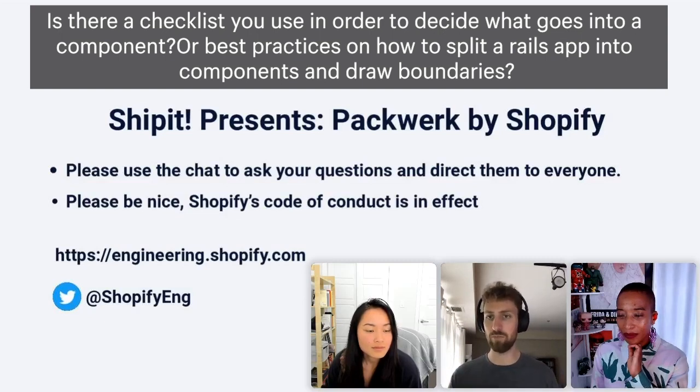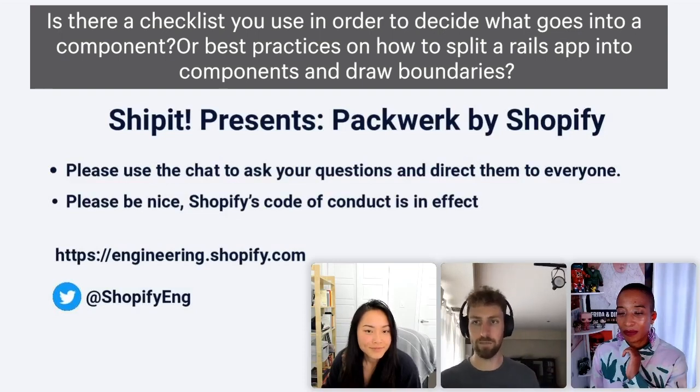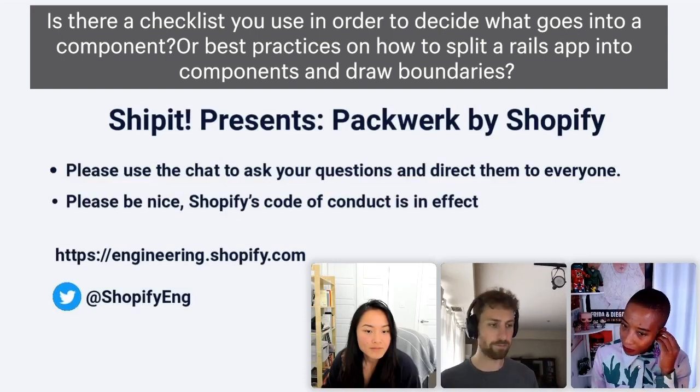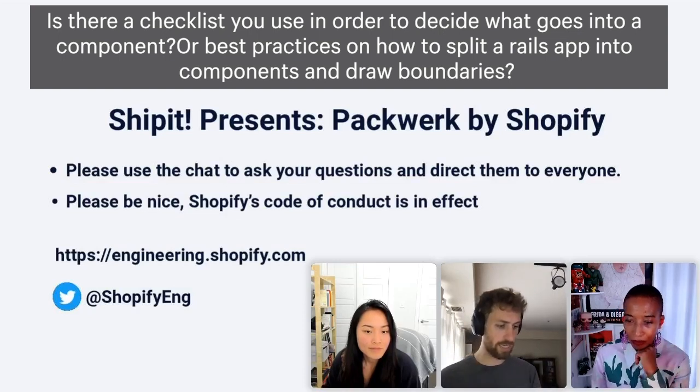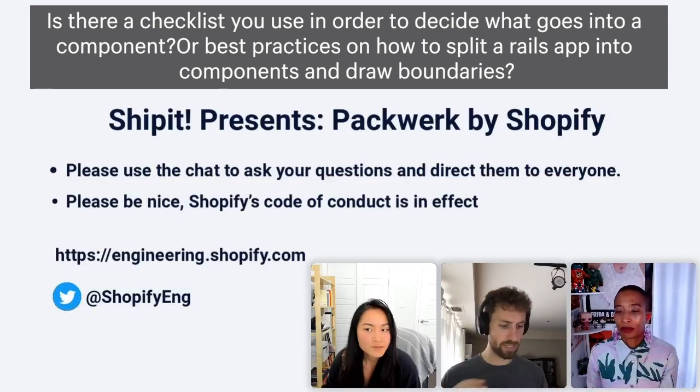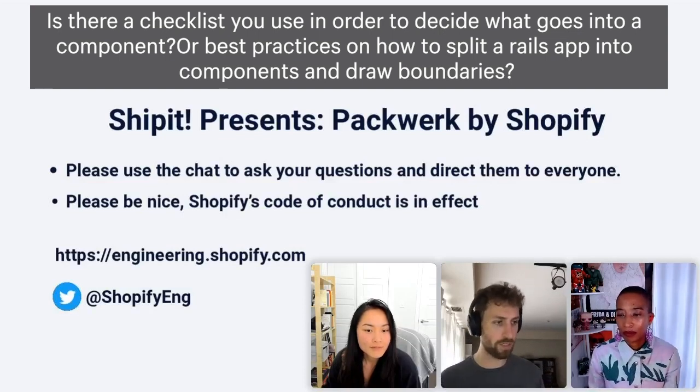Everybody should own the whole code base. We all own the code base together, but there are some teams that are more like stewards. So they essentially have the vision for a part of the code base. So those are the two ways. Either you start with big components or you start with small components.